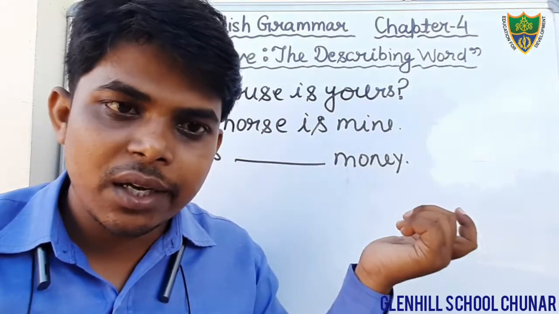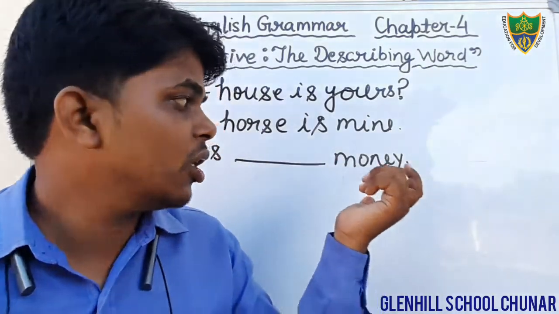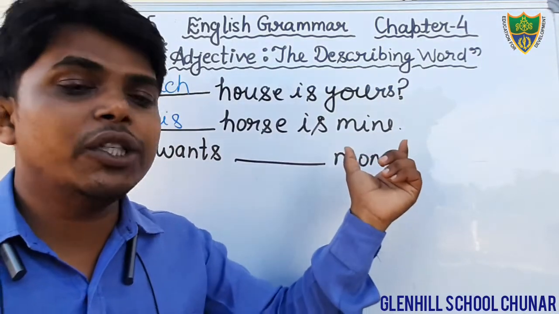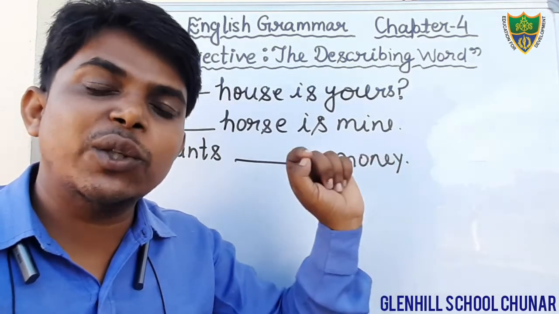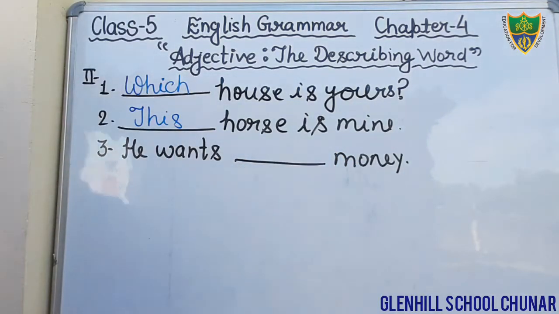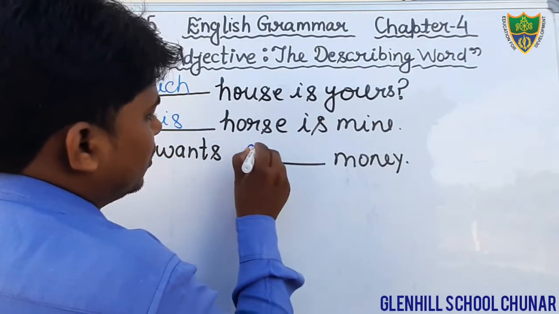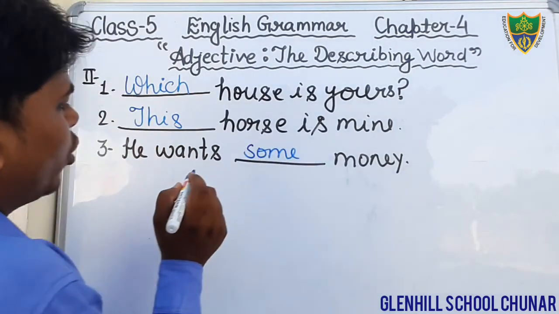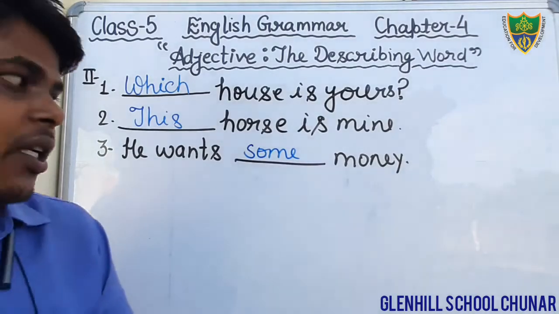Enough money, because here we will use the adjective of quantity to show the quantity of money. What would be the suitable word? Some. Just write down some, S-O-M-E. He wants some money.